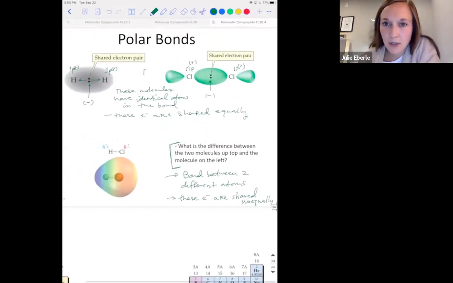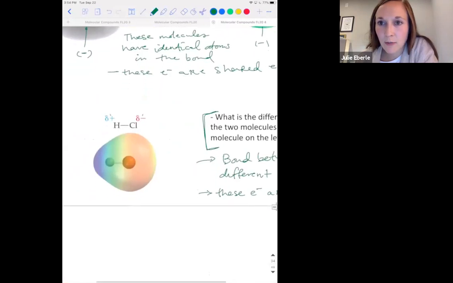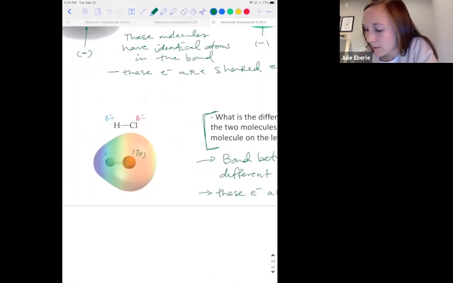So if we imagine a tug of war match now down here, it's like saying we have 17 people on one side and one person on the other, okay? Who wants to be in that tug of war match? So which way are the electrons going to be pulled? If we have 17 plus charges over here and we have 1 plus charge in this nucleus, which way are these electrons going to be pulled?